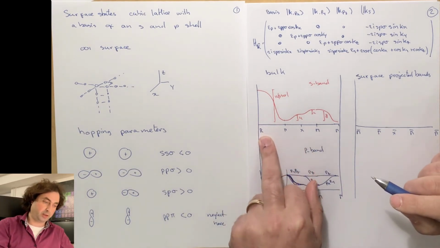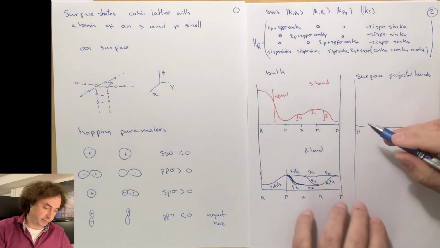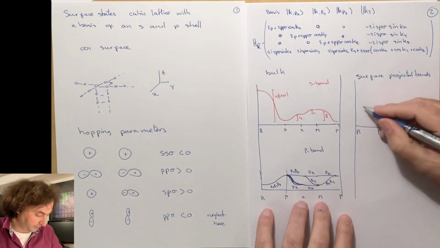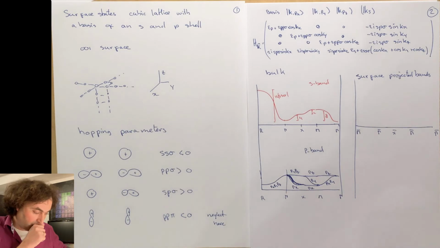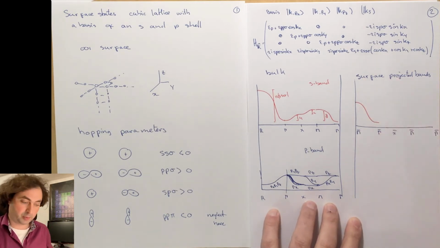R, of course, is pi over a, pi over a, pi over a, but at the surface the z direction is basically integrated over.